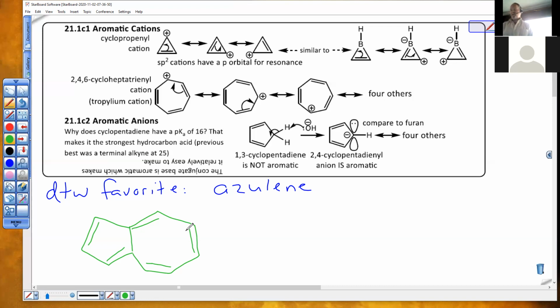And another favorite question is, why is this molecule that looks totally non-polar, doesn't have a single polar bond in it, why does it have a bond dipole when they did an experimental test on it?